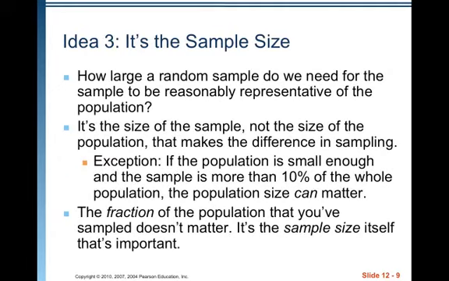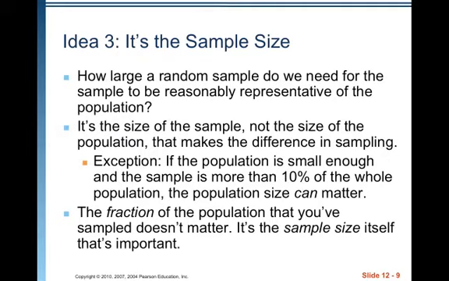Idea number 3 is it's the sample size. One of the questions we will be answering throughout the course is how large a random sample do we need for the sample to be reasonably representative of the population. It's the size of the sample, not the size of the population, that makes the difference in sampling.